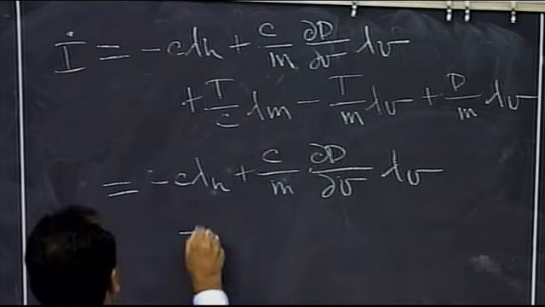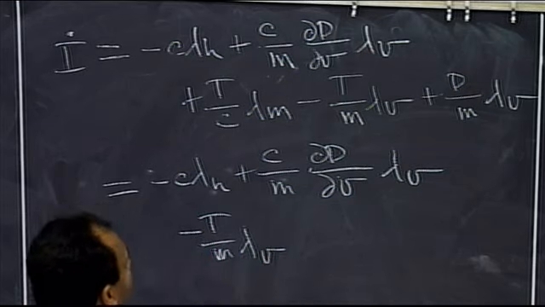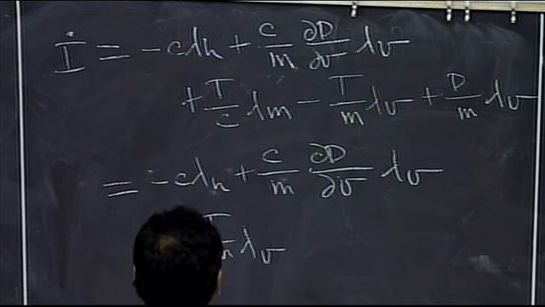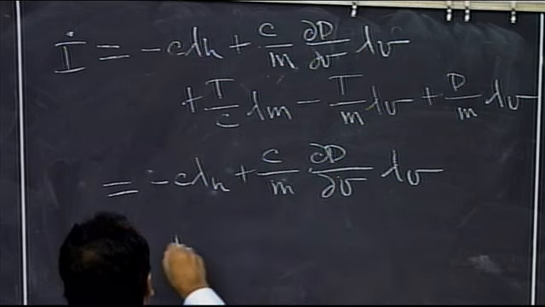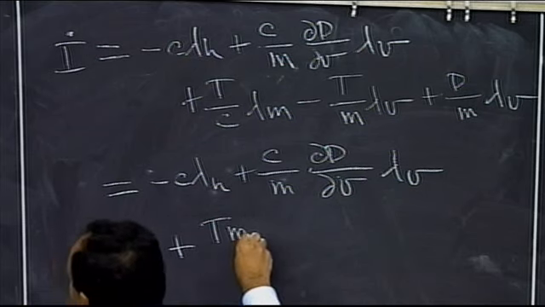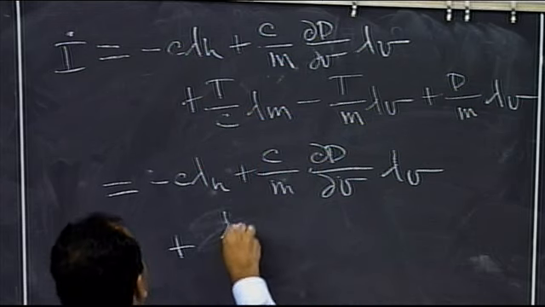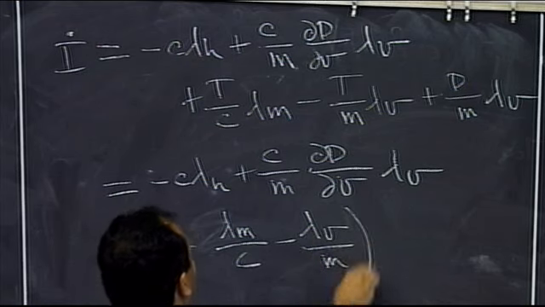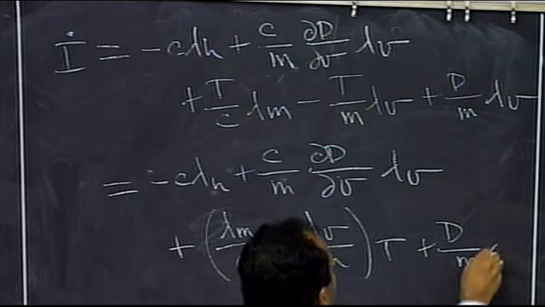I'm going to move this thing out front. Minus t over m lambda v. And then I've got, so if I look at this together, what do I get? I get plus, I've got t times m. Let's factor it out first. So I've got lambda sub m over c minus lambda sub v over m. The whole thing times t, and I've got plus d over m times lambda v.